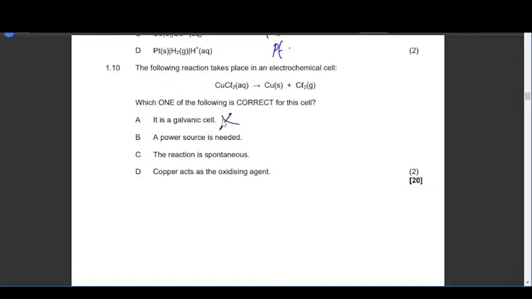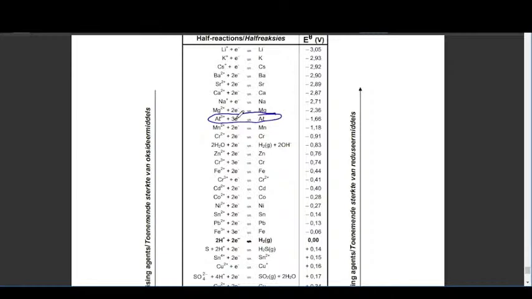Does it require the power source? Yes, because this is not spontaneous. Copper acts as an oxidizing agent? Not really. Let's look at it.